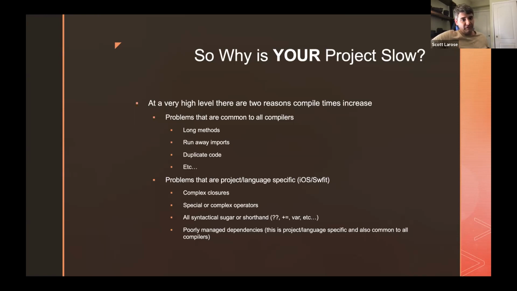Another one that I've also mentioned in problems that all compilers have, because Swift and iOS do this specifically poorly, is poorly managing your dependencies. Swift package manager is still on the rise. We use it, and we still have some problems with it despite it being out for a while. And we still also sometimes use CocoaPods, Carthage, and Swift package manager. All three of those solutions, even the native one, don't necessarily do the best job at dealing with dependencies.